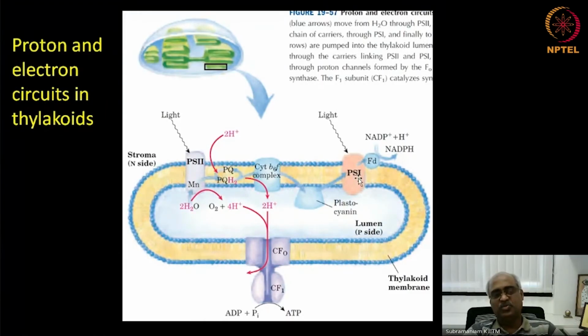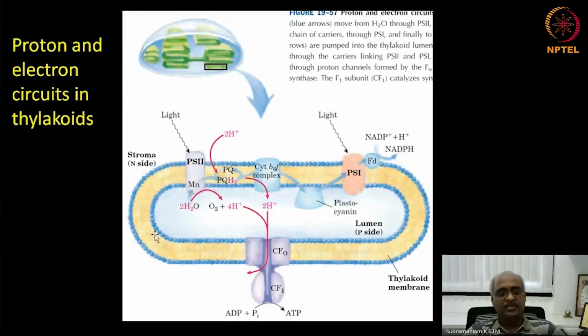Then to photosystem 1, which again gets excited by light as well. And from there, the electrons go via ferredoxin, and ferredoxin oxidoreductase reduces NADP to NADPH. So that is where the electrons from water have gone. This will be used, combined with the carbon dioxide, to make the carbohydrates.